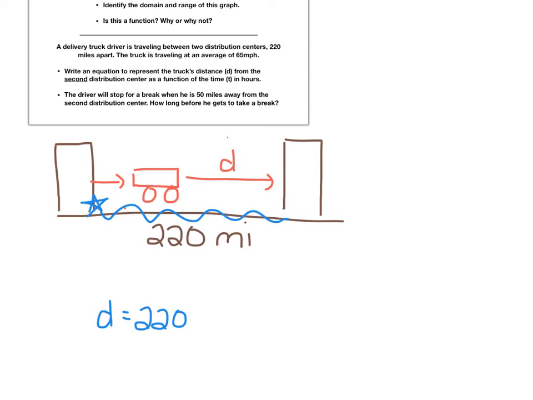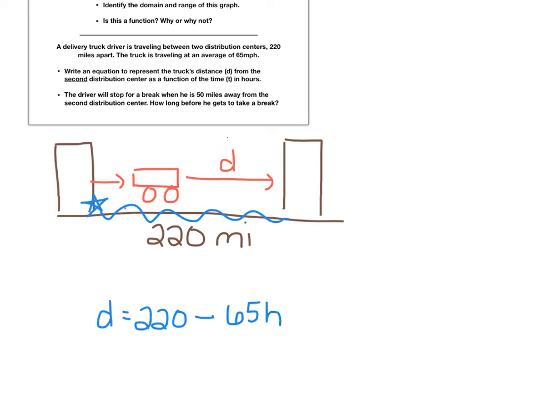Okay. And then as I drive, as I'm moving this way, my distance is shrinking, right? And it's shrinking by 65 miles every hour. Okay, so my distance starts at 220 and then it shrinks by 65 miles every hour.